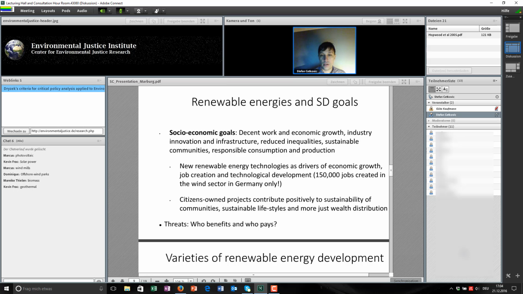So I pointed out here the example of the wind sector in Germany. The wind industry in Germany has created so far, according to some estimates, 150,000 jobs in Germany alone. Of course, we can afterwards in a discussion put this in a more global perspective, because we're talking about Germany, a highly developed, industrialized country.